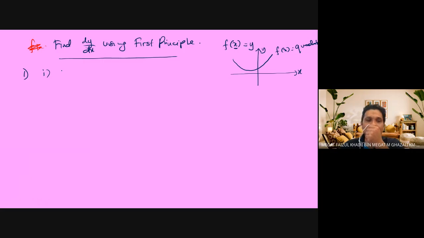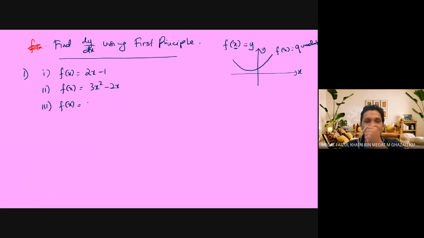So let's say given to you f(x) equal to 2x minus 1, f(x) equal to 3x squared minus 2x, then f(x) equal to... this is linear, quadratic, cubic.